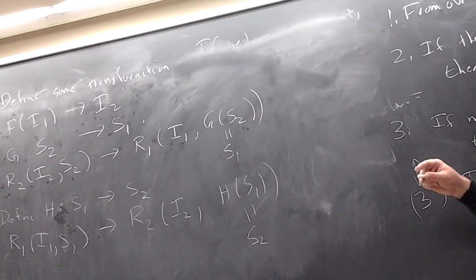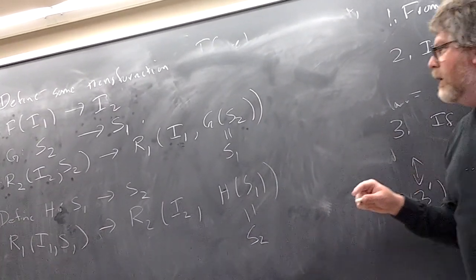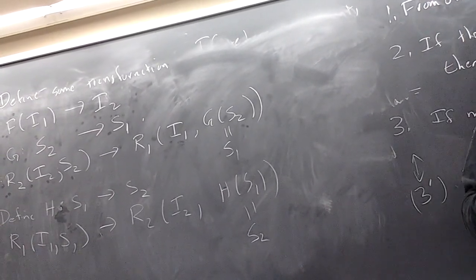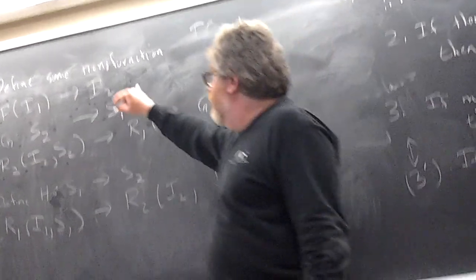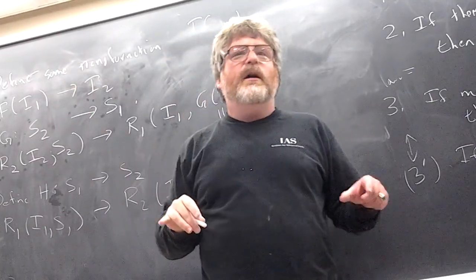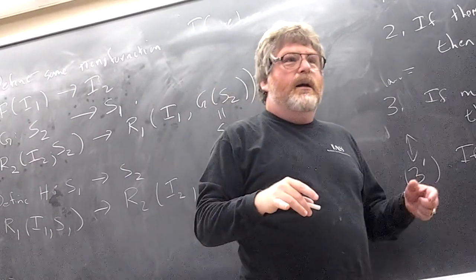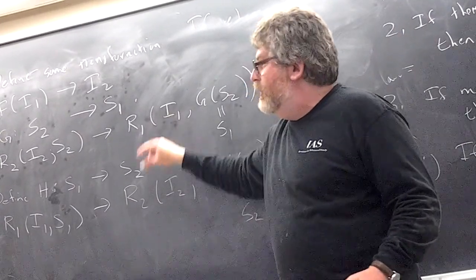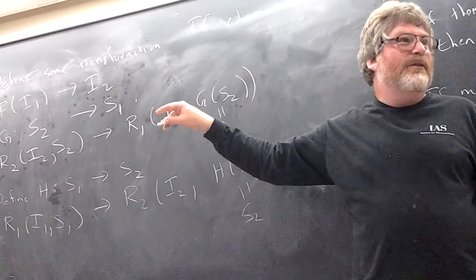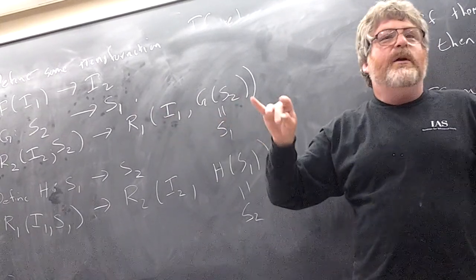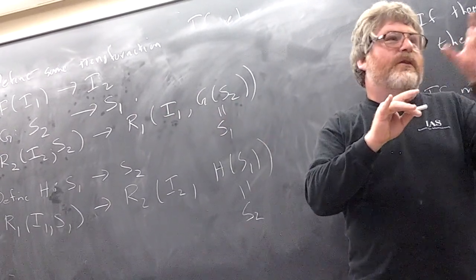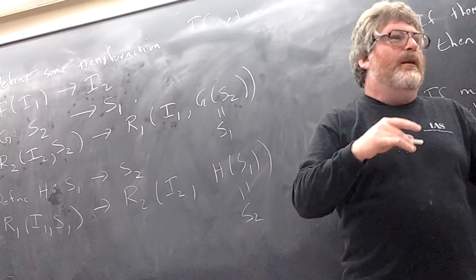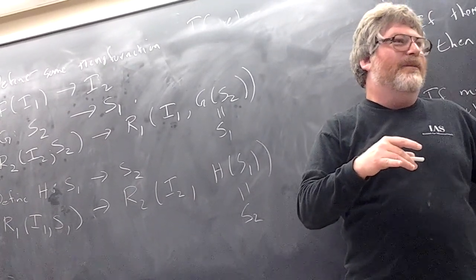We also need some kind of analogous F mapping that gets us I2 from I1. We don't need to be able to invert this F. We need the existence of a solution in one to be equivalent to the existence of a solution in the other, but we're saying that this problem is a special case of this problem. We're not saying the problem pi 2 is a special case of pi 1.